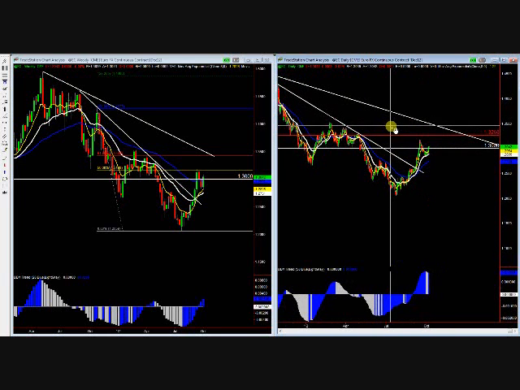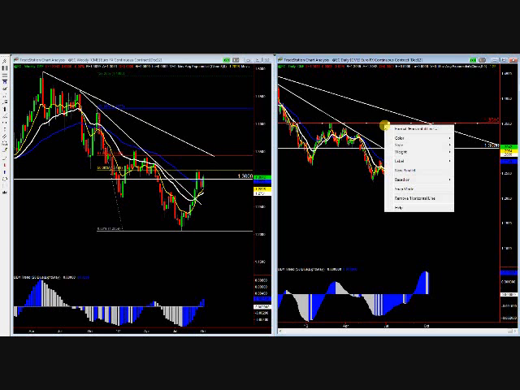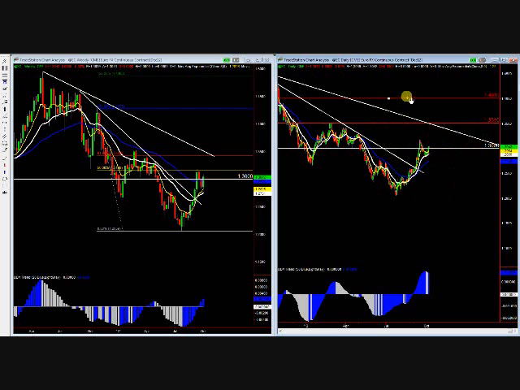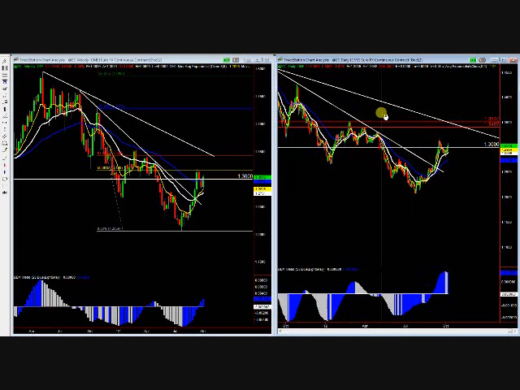So you've got this range in here where you could come up and test that trend line to the high side. So I think $1.35 is an interesting level, $1.34. Those are a couple of levels that I'll be looking at, somewhere in and around these levels here, between $1.34 and $1.35. Those are some interesting levels.